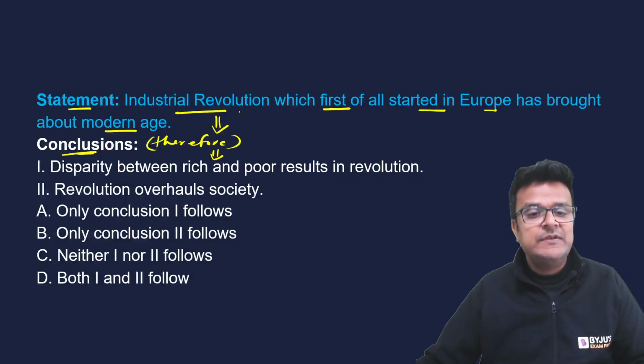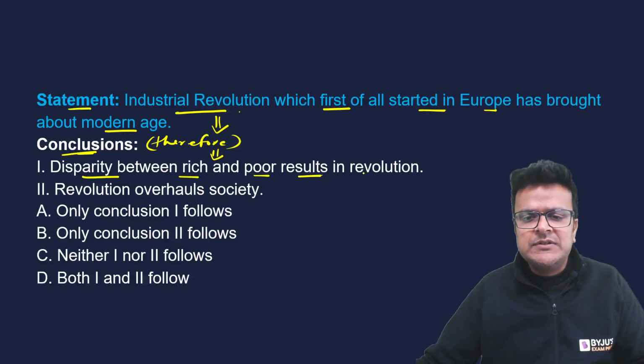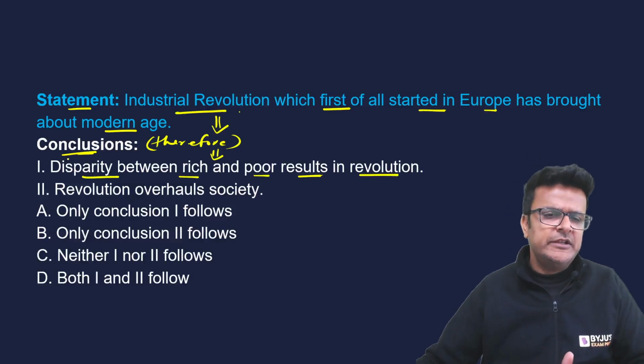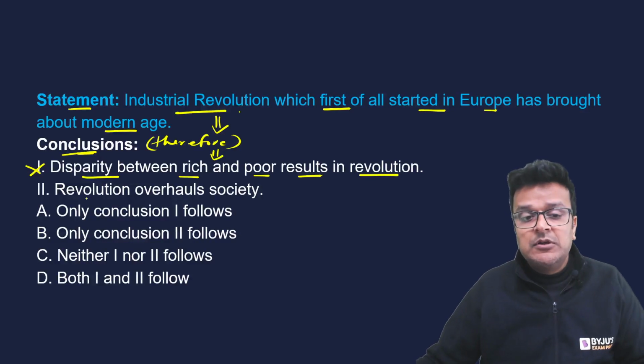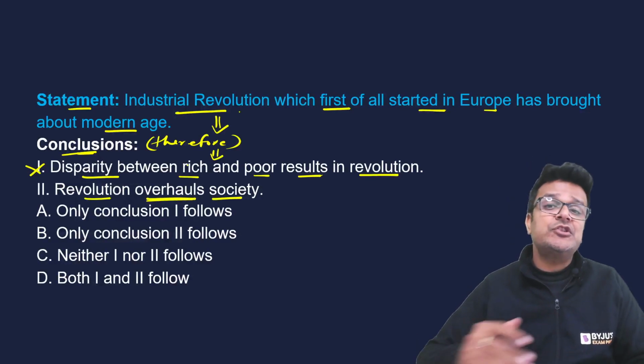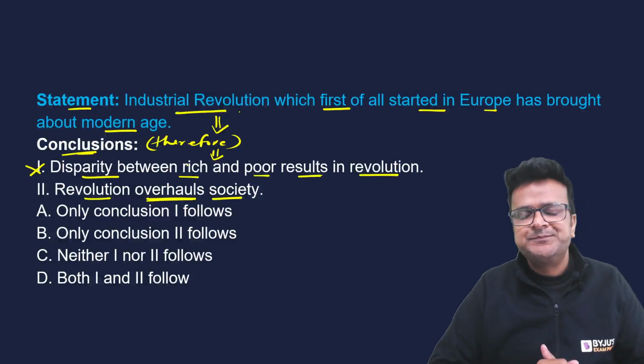Therefore, can we say that disparity between rich and poor results in revolution? Anything about rich and poor in the previous statement? Not really. So can we conclude this? Not at all. Revolution overhauls society. Overhauls basically means it changes the society completely.